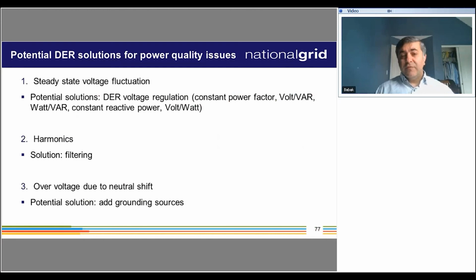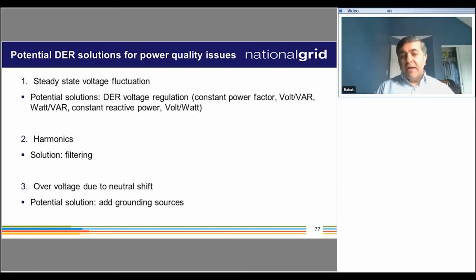There are 4 different modes of voltage regulation with reactive power and 1 mode with active power specified in the standard. The reactive power modes are constant power factor, volt-var, watt-var, and constant reactive power. And another mode is called volt-watt, which is basically regulating system voltage by adjusting the output active power. Those can be considered as solutions for steady-state voltage fluctuations.